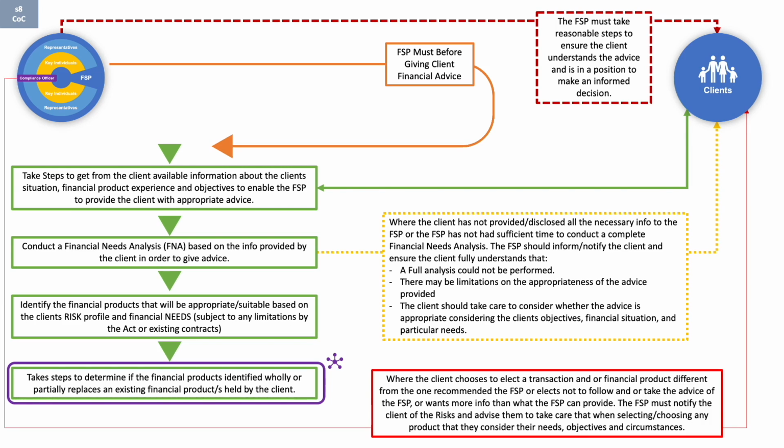Where the client chooses to elect a transaction or financial product different from the one recommended by the FSP, or elects not to follow the advice of the FSP, or wants more information than what the FSP can provide, the FSP must notify the client of the risks and advise the client to take care when selecting or choosing any product that he or she considers his or her needs, objectives, and circumstances.